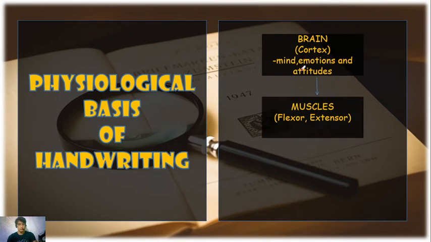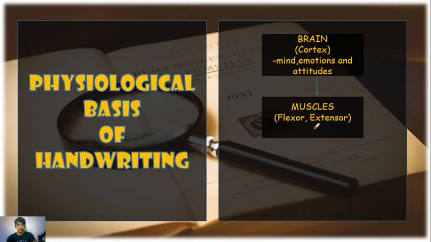Sabi nga natin, there is a certain part of our brain that also controls our muscles. So after it is processed in our brain, the signals will be sent to our muscles, especially the flexor and extensor muscles.